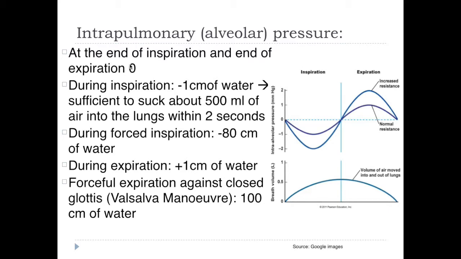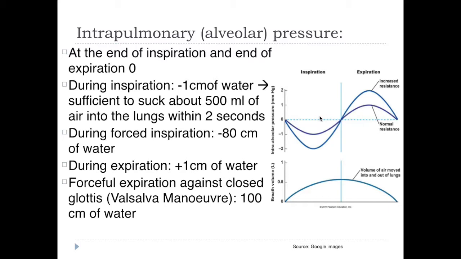During quiet inspiration, this pressure decreases to about -1 centimeter of water, which is sufficient to suck about 500 ml of air into the lung. And that is the period required, that is 2 seconds. And at the end of inspiration, again it comes back to 0 level.